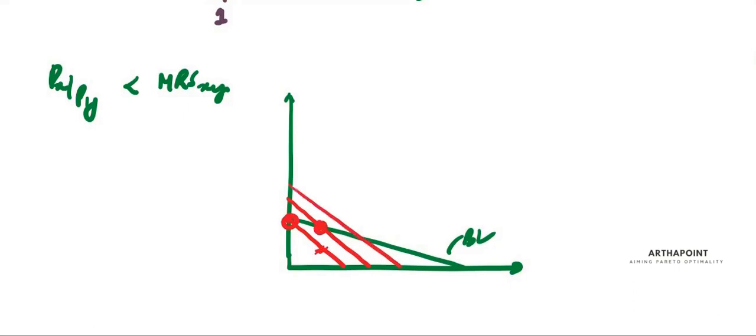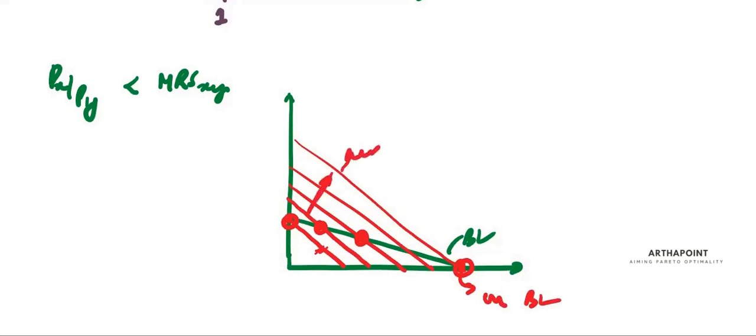I can keep going higher until I reach this point. This is also on the budget line, but I am on the highest indifference curve possible. Can I go higher? No, because then I would be above my budget line. No point of the indifference curve will touch the budget line.